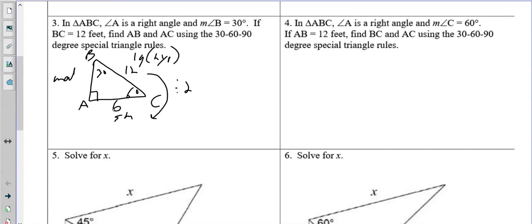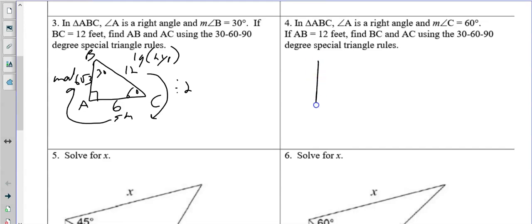Multiply to get bigger, divide to get smaller. Then from the small side, we're getting bigger to go to the medium side, so we multiply by radical 3. If we go from the medium side to the small side, we divide by radical 3. That's why it's good to label and figure out what's my small, medium, and large sides.